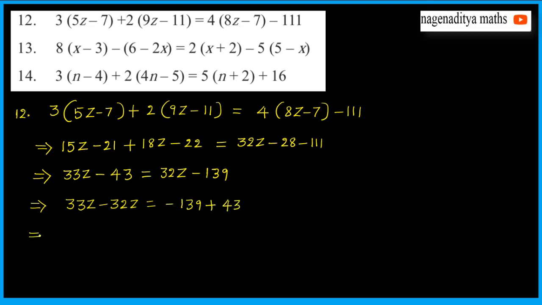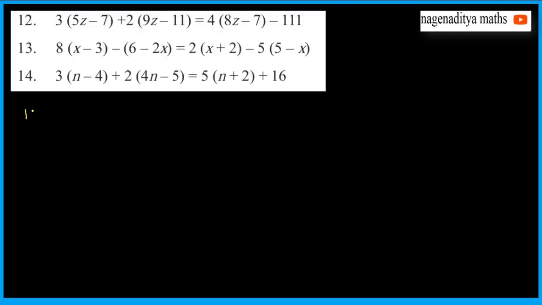So this implies 33z minus 32z, that is z, is equal to minus 139 plus 43. So if you subtract 6 and 9, this is minus 96. So z is equal to minus 96.